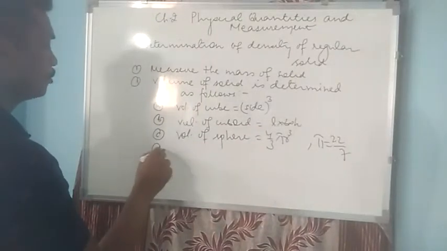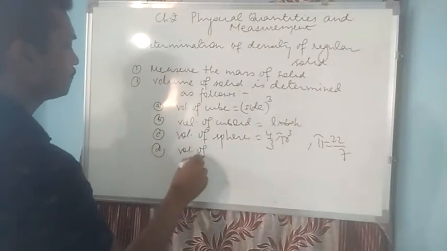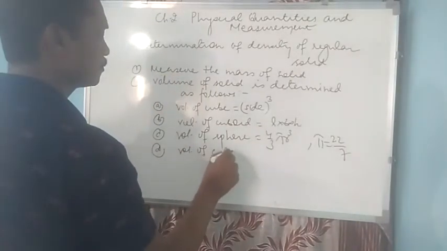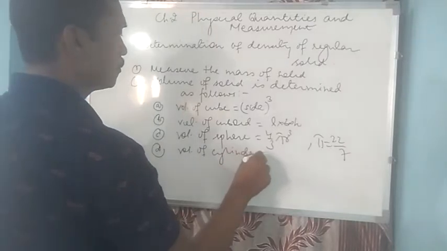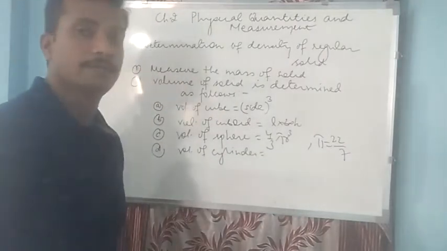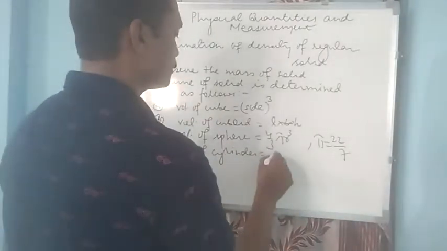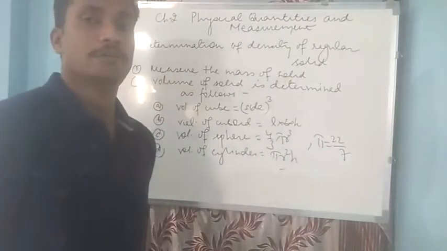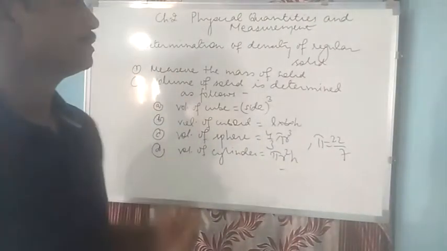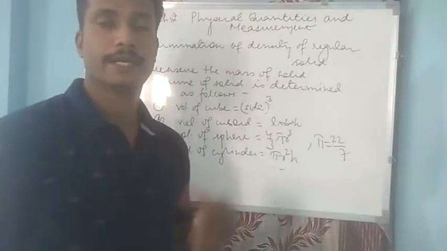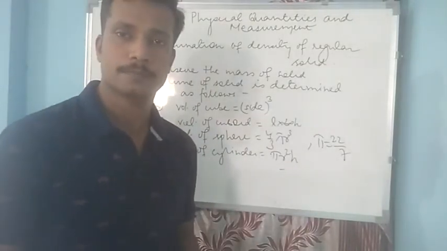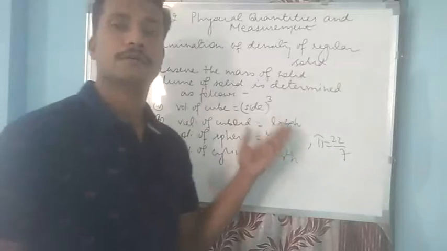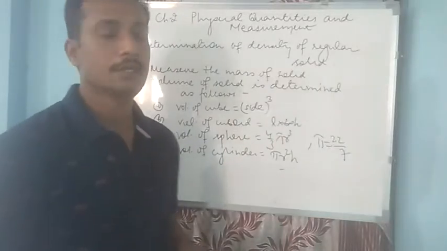And the volume of a cylinder is pi r square h. So it depends upon what kind of solid we are taking, and what is the shape of the solid. Accordingly, we will find the volume using these formulas.